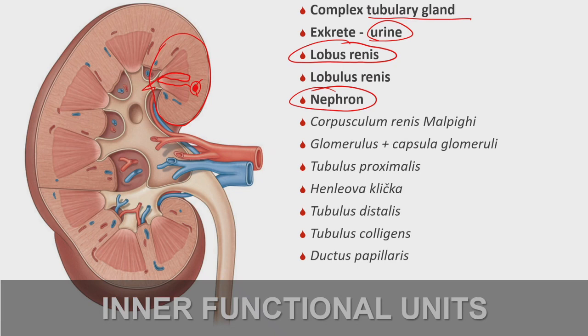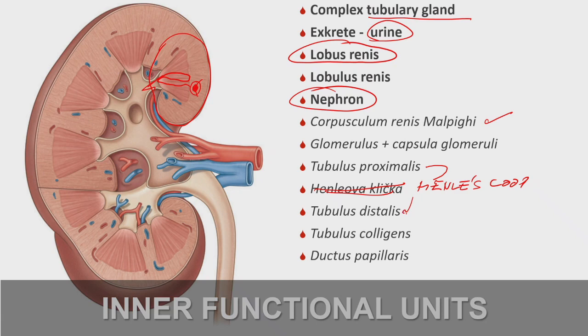The nephron is made from corpusculum renis Malpighi, which contains the glomerulus, then the capsula, and from the capsula rises the proximal tubulus, then the Henle loop.